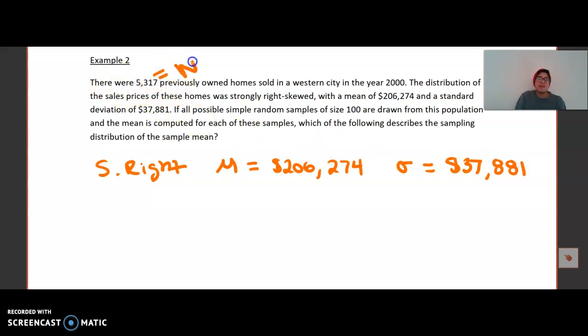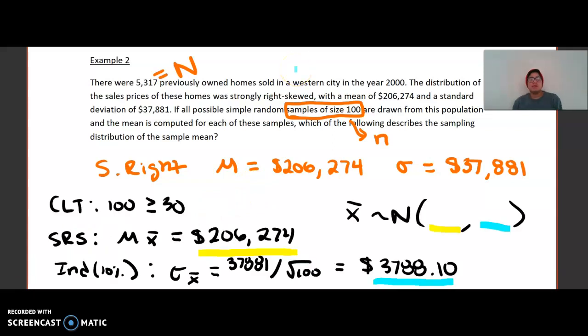So this is going to be my capital N. It kind of looks like a W. This is going to be my capital N, which represents here my population size. Now my sample size here is going to be lowercase n is 100. So notice my population size is capital N, my sample size is lowercase n. So now that you have these variables, go ahead and create the sampling distribution for the sample mean here.